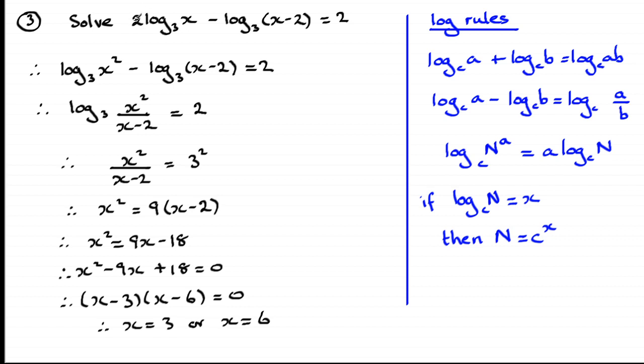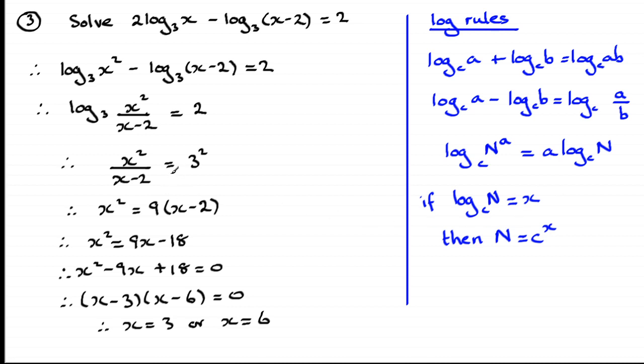Use the power rule first of all. Bring the 2 up. And then I've got the subtraction of 2 logs here. I can group them up by this rule here, the subtraction rule. And it turns out that you divide these 2. Then I anti-log, or take the inverse of the logs. And I'm using this rule down here.